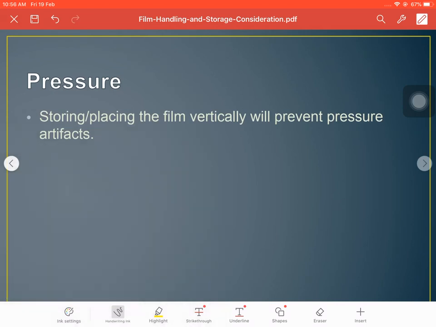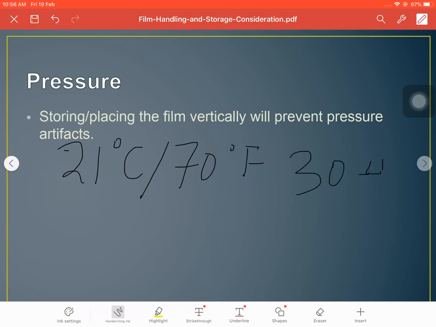If our storage room could have a 21 degrees Celsius or 70 degrees Fahrenheit temperature, we can store our film from 30 to 45 days. Did you get it? Our film can be stored 30 to 45 days if our storage room could have 21 degrees Celsius or 70 degrees Fahrenheit.